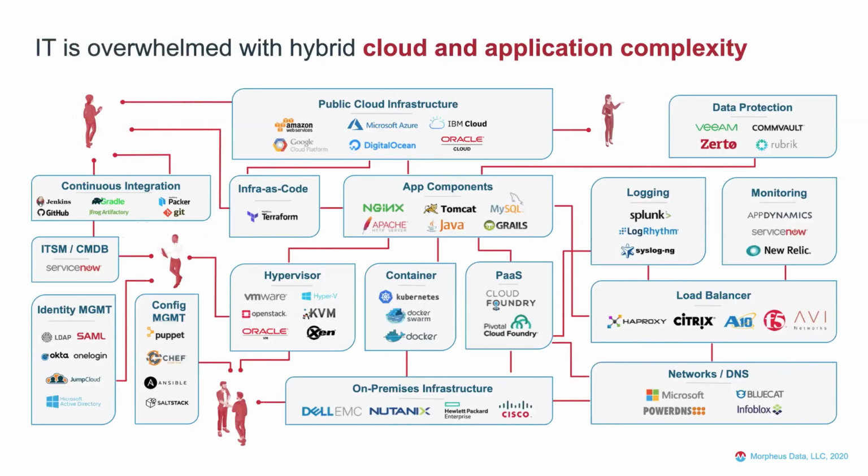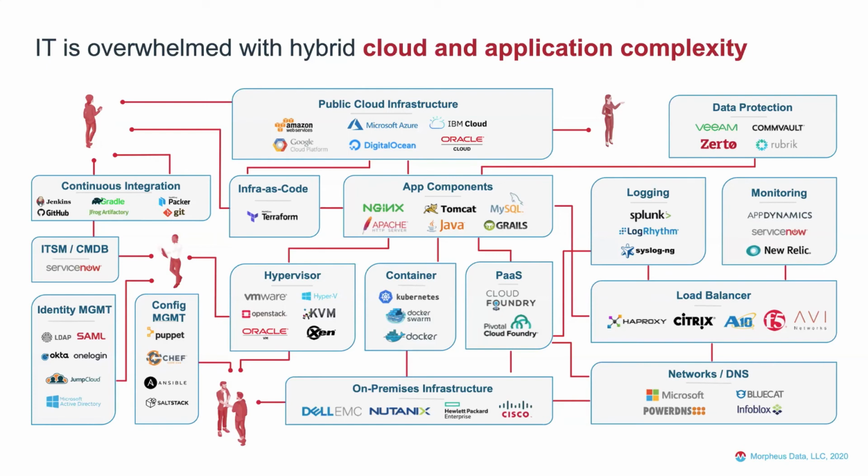All right, so this slide is not something that's uncommon to all of you, right? You're all used to this because every organization that we speak to typically has an environment like this. There's their on-prem environment, one or more data centers.